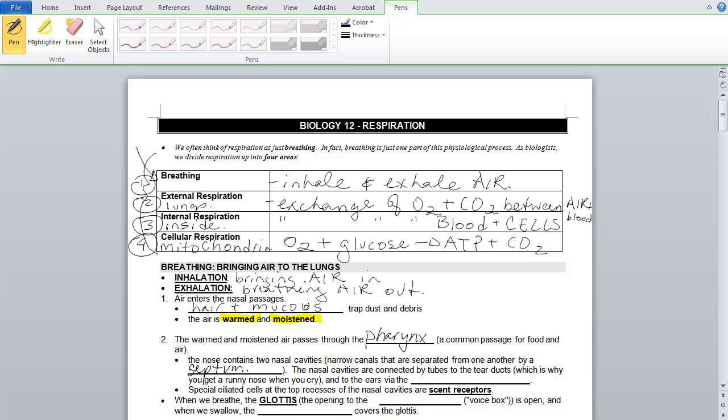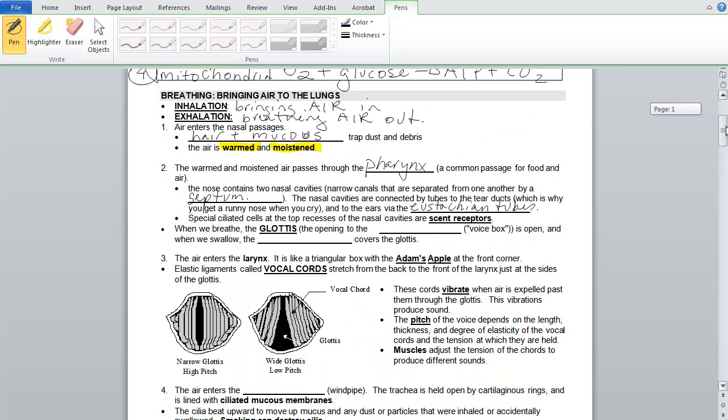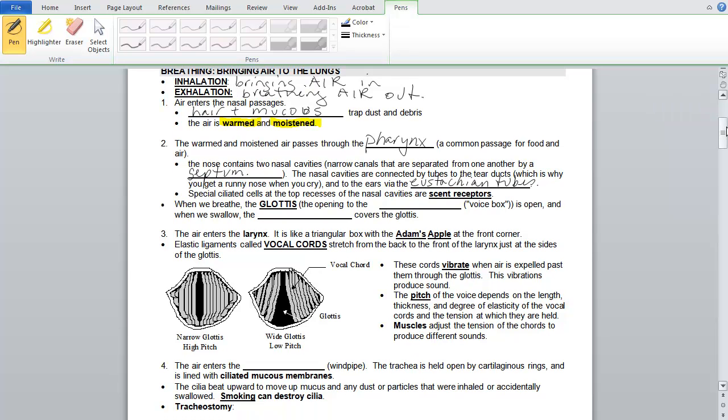They also connect to the ear through the eustachian tubes. Special ciliated cells at the top are where we pick up scents, so chemoreceptors.